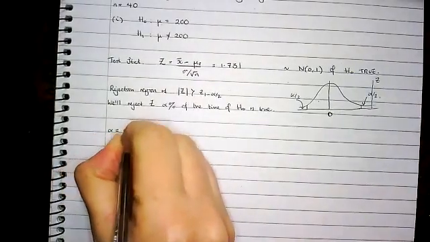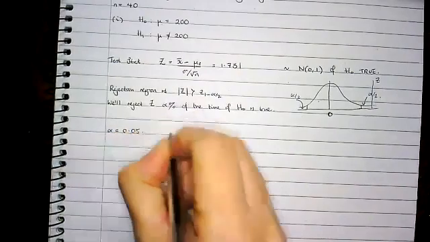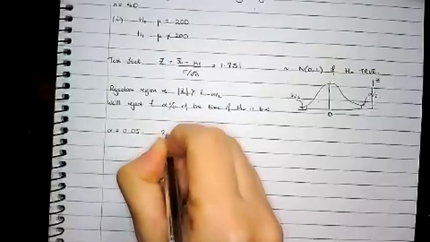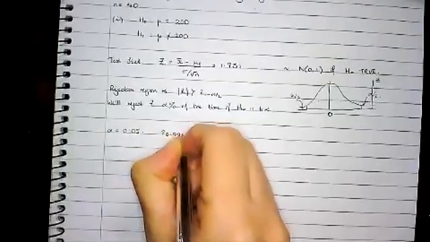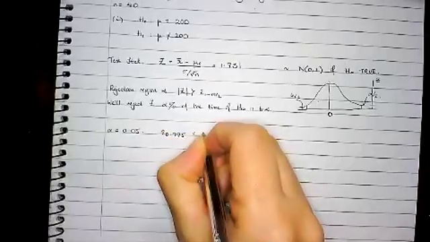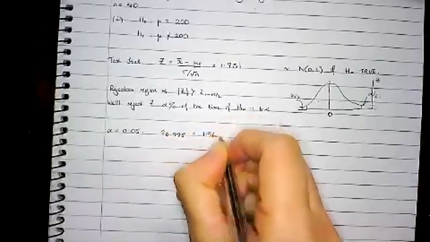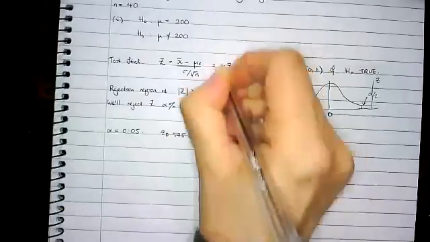So in the case that alpha is 5%, I can look up Z 0.975 in the normal distribution table. I get 1.96. Now 1.96, that's bigger than this value.